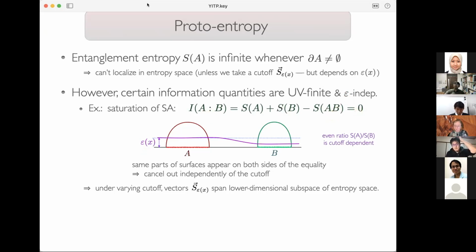It has to be a subspace where this mutual information vanishes. In this case, if you have just one such relation, it's just a hyperplane. That hyperplane is the thing that most naturally corresponds to a configuration like this. It's not a single vector or single ray. It's really a subspace delimited by all these information quantities that vanish.